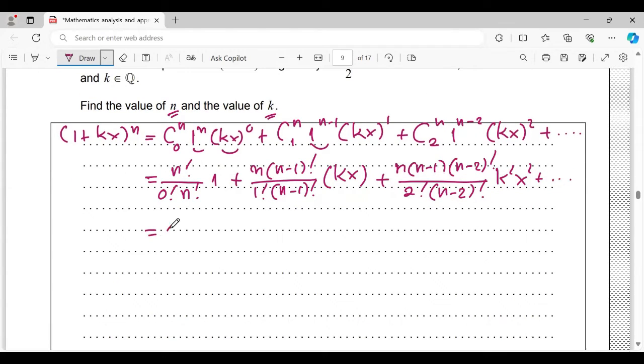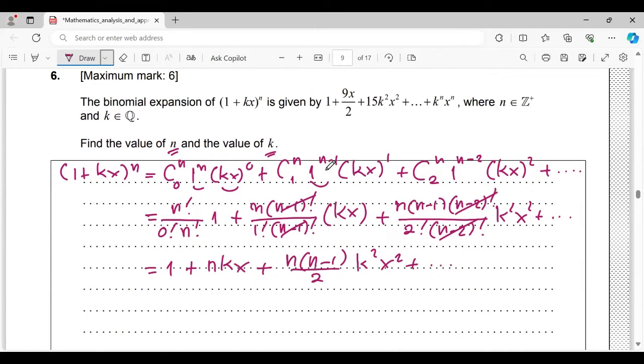And after that, this is 1 plus divided. It is nkx plus this divided, so it becomes n times n minus 1 over 2 k squared x squared plus so on.